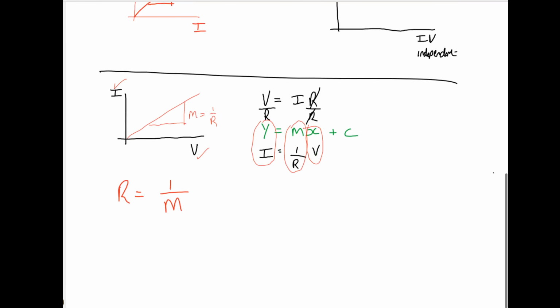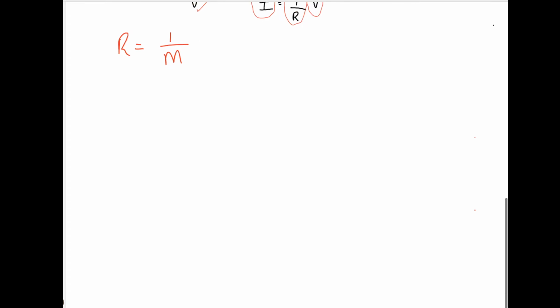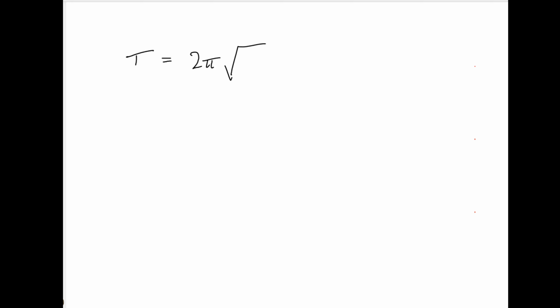Right, let's just do one very quick other example, which would be the example from the lab diary, which is the pendulum. So the pendulum equation, which is the time period of a pendulum, is 2 pi times root of L, which is the length of the pendulum, over g, which is the acceleration due to gravity.